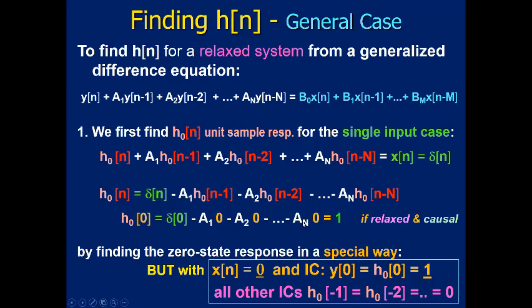And so all those terms go away. And I'm left with the condition that I was proposing to use for our solution, h0 of 0, the single input case version of the unit sample response, has to always be 1. No matter what the difference equation is, this will happen. So we'll use that in our solution.